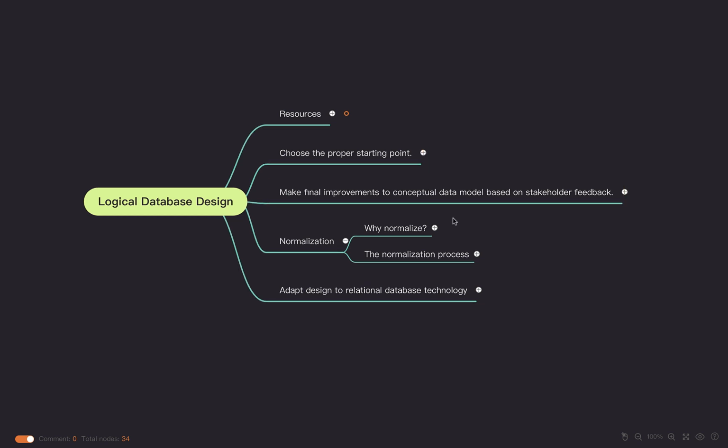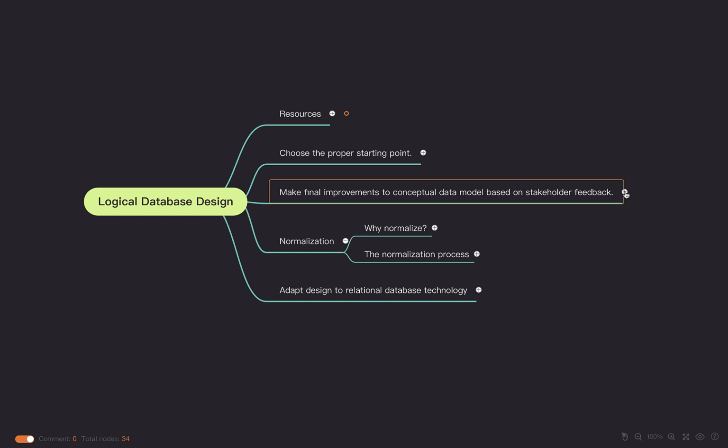So let's say you have a conceptual data model. You've been following along with my course work. You created a conceptual data model. Are you ready to begin the steps of logical database design per se? I'm going to suggest that you're not quite ready to start because you maybe have some final improvements that you need to make in your conceptual data model.